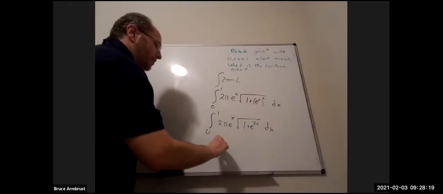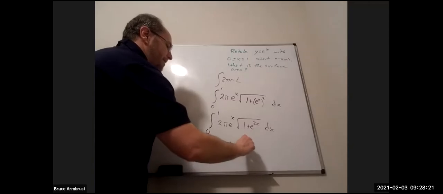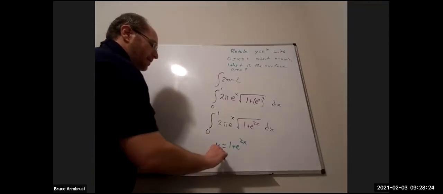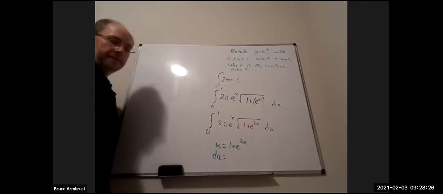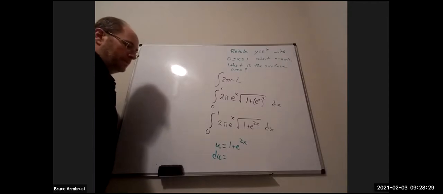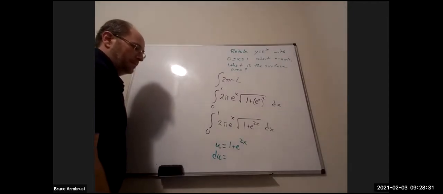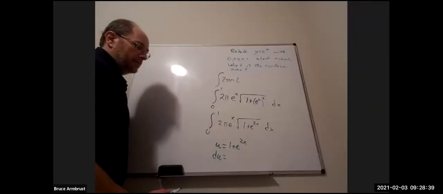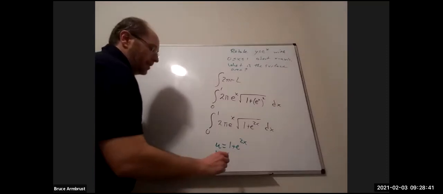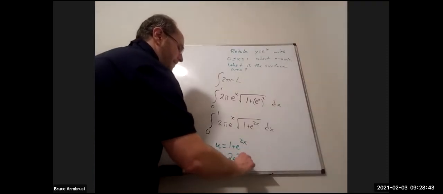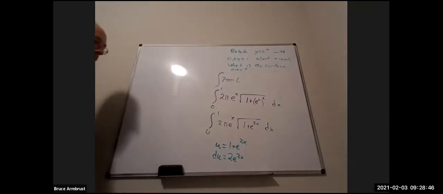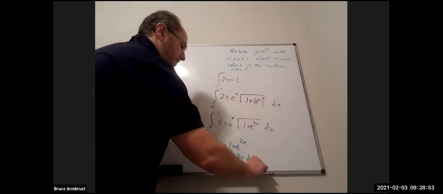If we let U equal 1 plus e to the 2x, what does du equal? Just be e to 2x. Not quite. Close though. 2e to the 2x? Good. 2 e to the 2x, and then a dx here, of course.